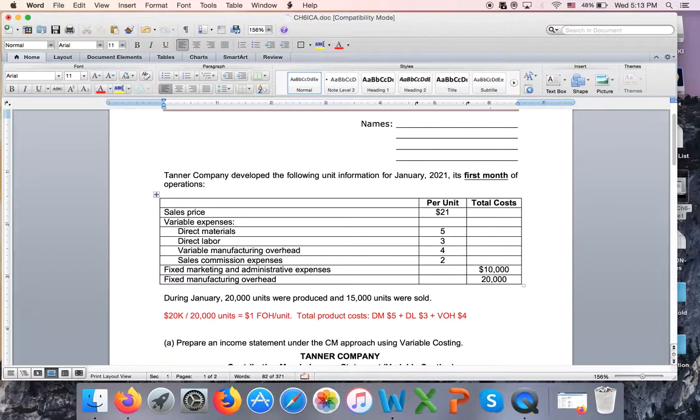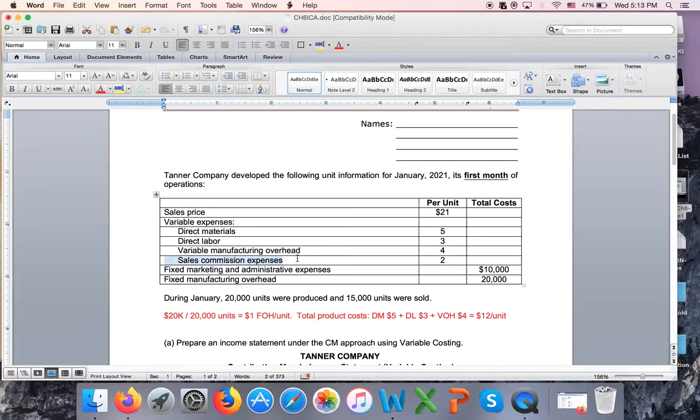So together this is $12. And under absorption, we will also have to include this additional $1. Under variable costing, it is going to be a little bit different.